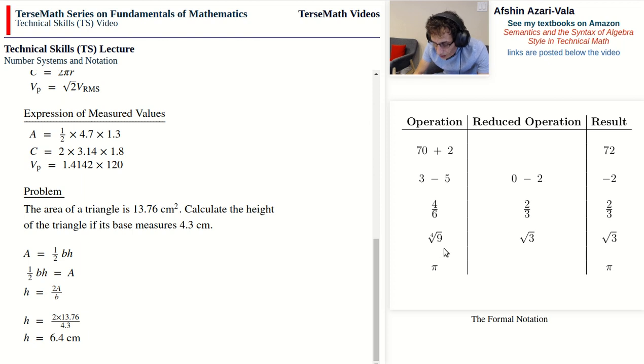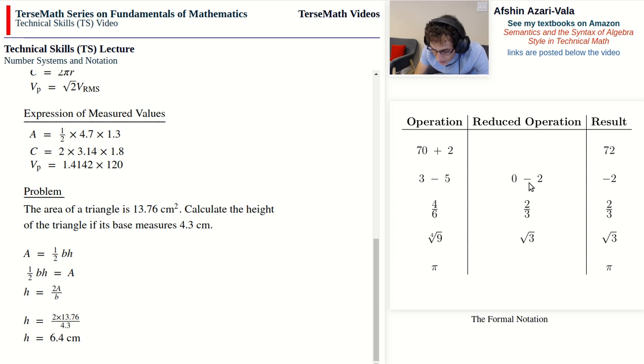Same thing with other notations like roots. If you're trying to find the 4th root of 9, you can reduce that to the 2nd root of 3. And again, we're going to use the same notation to represent the result. So the use of the operation to indicate the result of that operation is pretty much what formal notation is about.